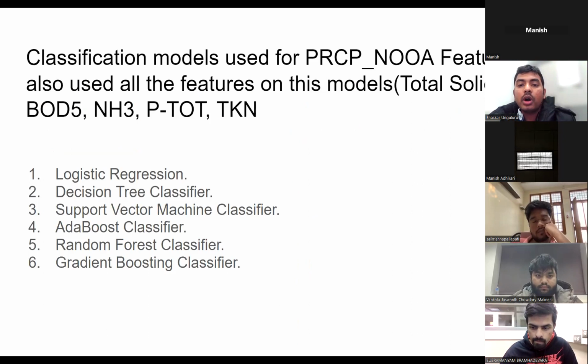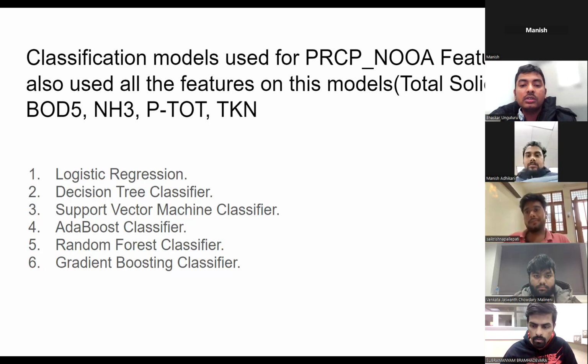I already told you that we converted this task into a classification. So what about the classification models? In this feature prediction, we used 6 classification models: logistic regression, decision tree classifier, support vector machine, AdaBoost classifier, random forest, and gradient boost classifier.